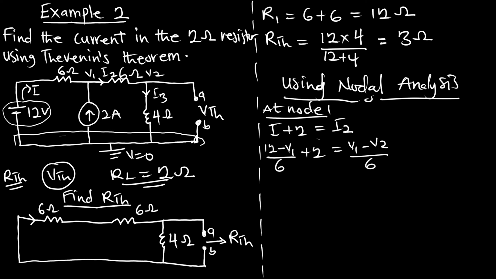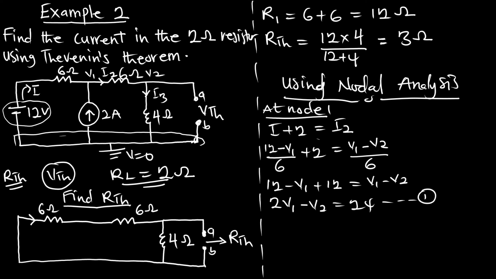And when you make your analysis, this is going to give us 12 minus V1 plus 12 should be equal to V1 minus V2. Your simple equation is going to be 2V1 minus V2 should give you 24 as my equation 1. Simplify this part and you will get this equation.